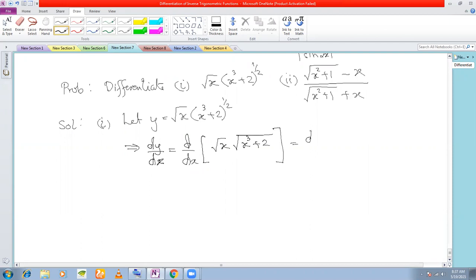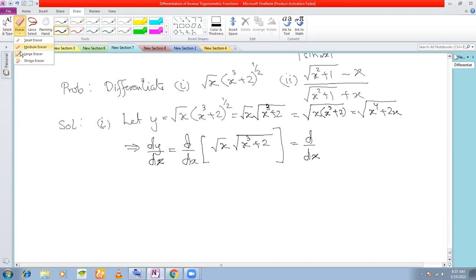Now, better we write it here only: root x into root x cube plus 2, which is root over x into x cube plus 2, which is simply root over x to the power of 4 plus 2x. So now we don't even need to use the u into v rule here, if you see, because everything I've put under radicals. So I don't need to use the u into v rule.